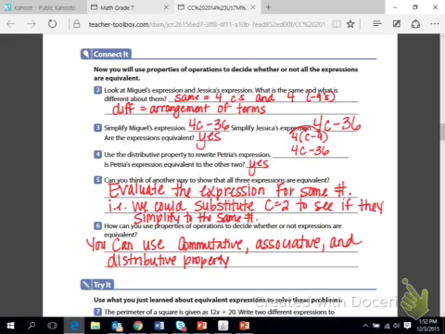We're going to use those properties to see if they simplify to be the same expression.